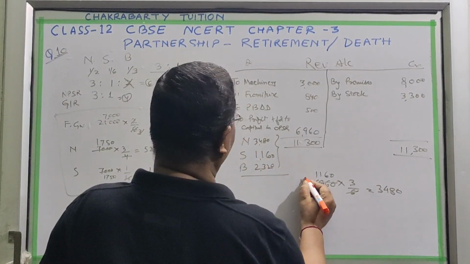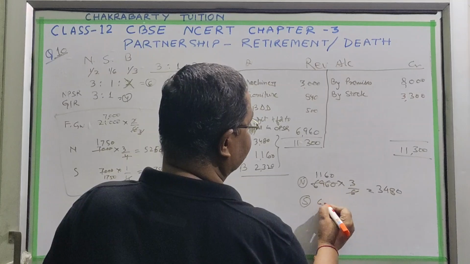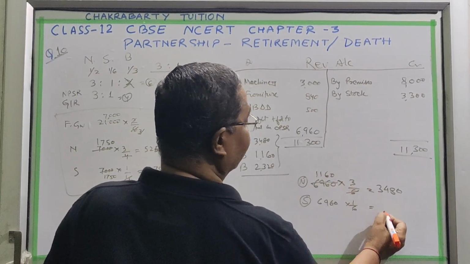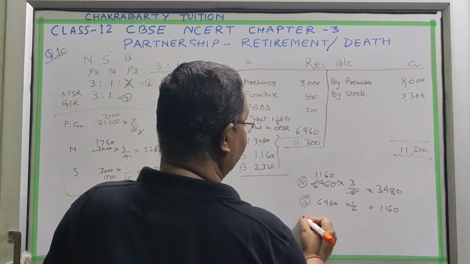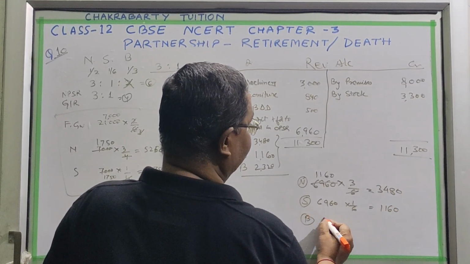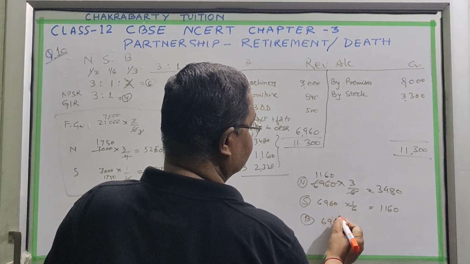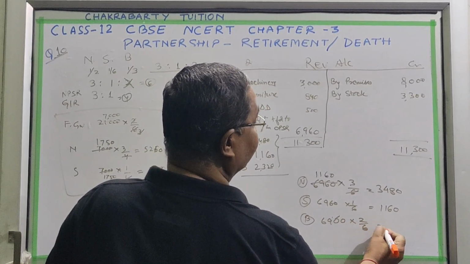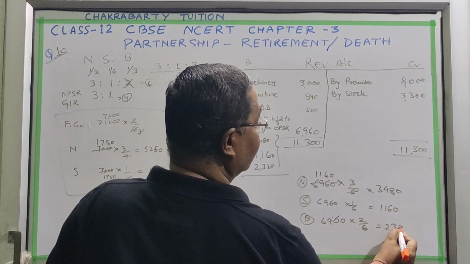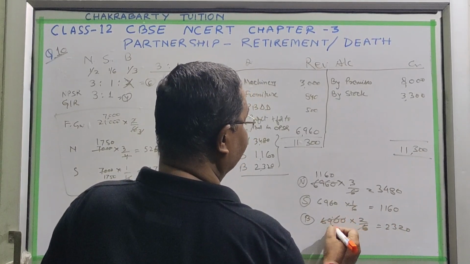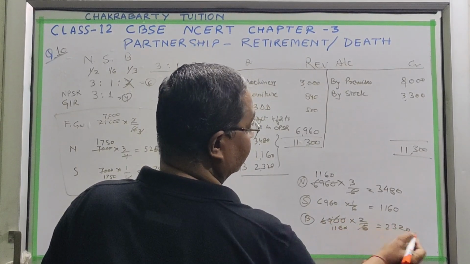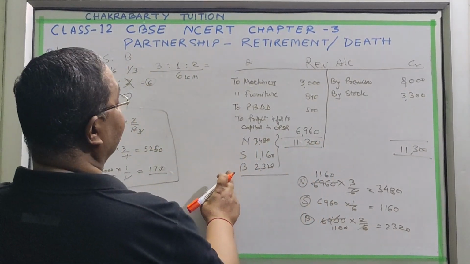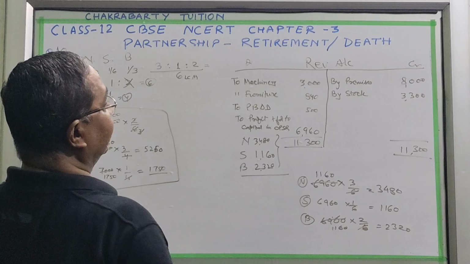So this is Narang's 3480, Suri will get 6960 into 1/6, that is 1160, and Bajaj will get 6960 into 2/6. It will come to 2320, which is 1160 multiplied by 2. So this they will get. Now this profit will be transferred to their capital accounts.